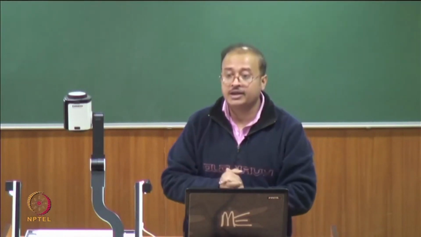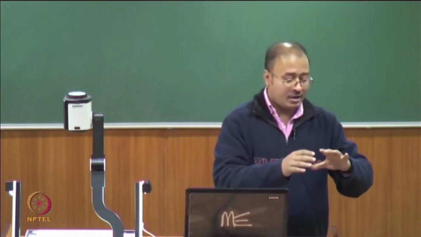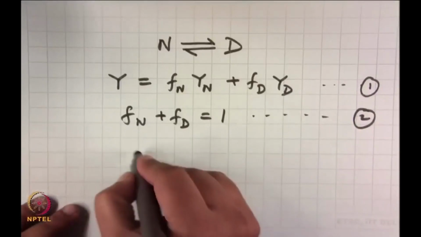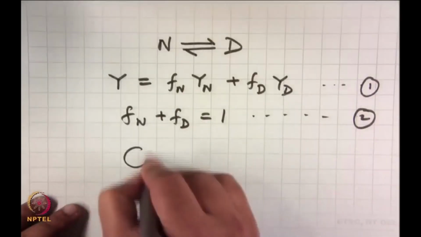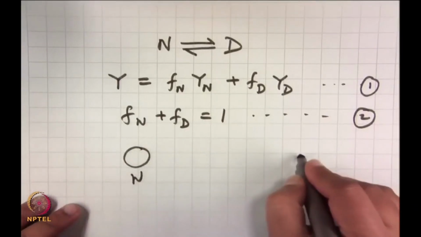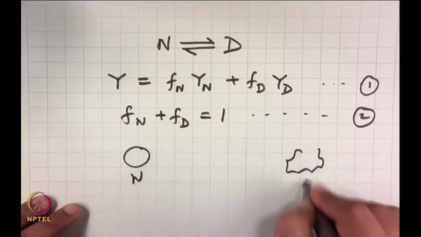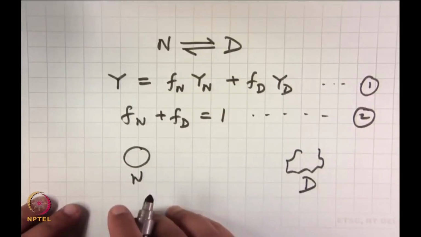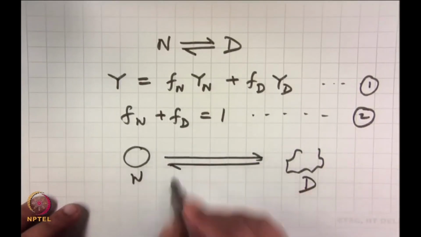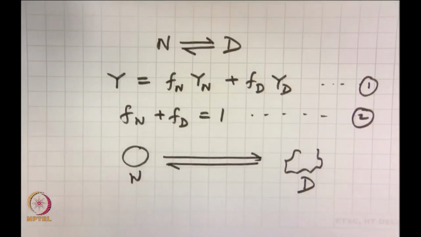To represent it diagrammatically, I have a state which is native, a compact, globular form, and I have a state which is denatured, right. I am just looking at an equilibrium between these 2 at any given temperature.